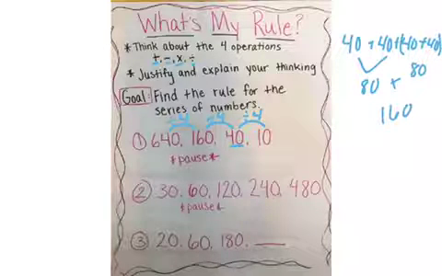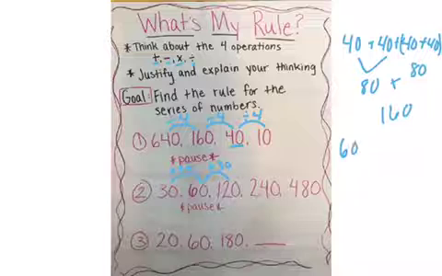Let's take a look at this next number sequence. What do you notice about 30 to 60? I could add 30 to get to 60, but can I add 30 to get from 60 to 120?